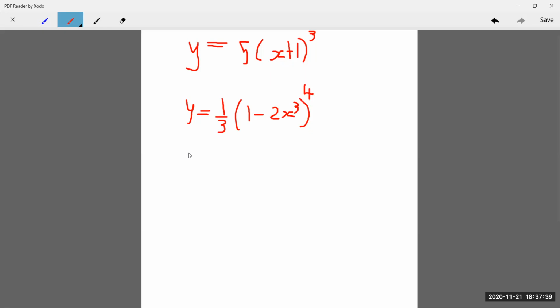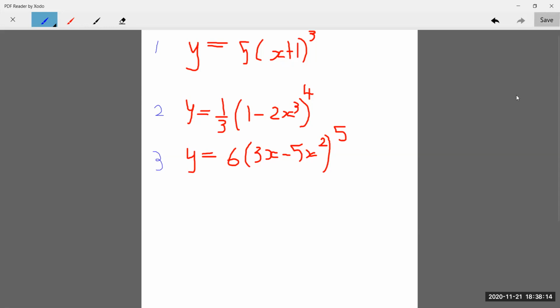And finally, let's say y is equal to 6 times (3x minus 5x squared) to the 5th power. You have 3 different types. Call these question 1, question 2, question 3.